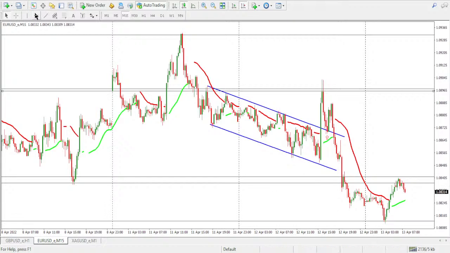So other than that, we have a shape, some short-term shape there. We have another one there, and then we have another one there.